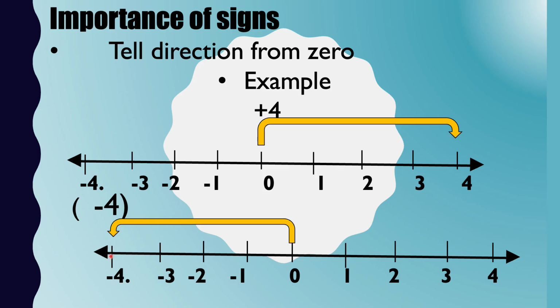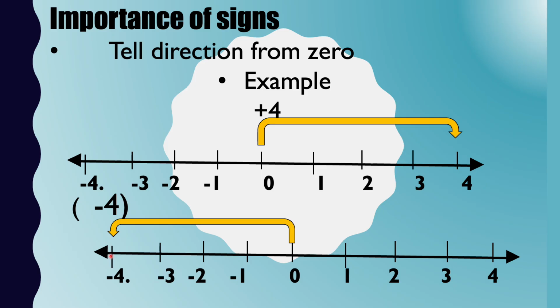So always when you see a plus, that means it is a positive number. So you know that positive number lies on the right side of the number line. It is easy to remember.